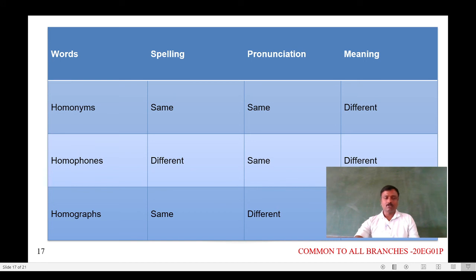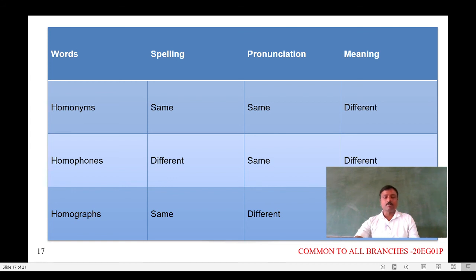Like this we have so many homographs. So we can collect many homographs, homophones and homonyms through the net, by referring to grammar books. So these are all about these three major kinds of words.